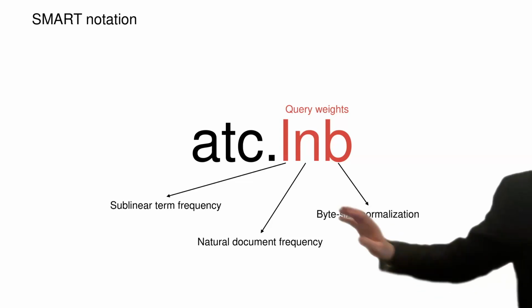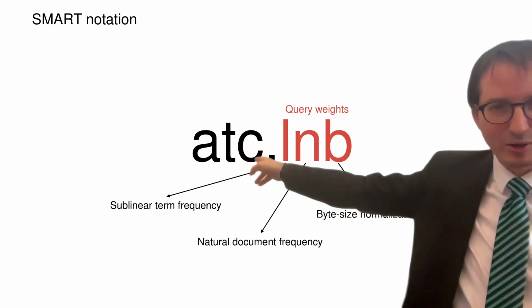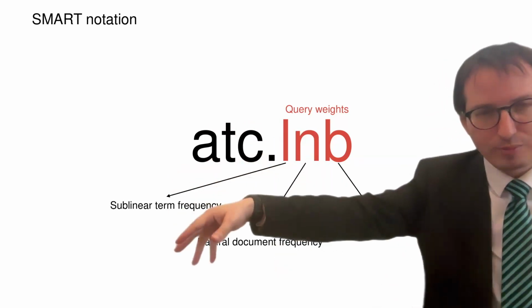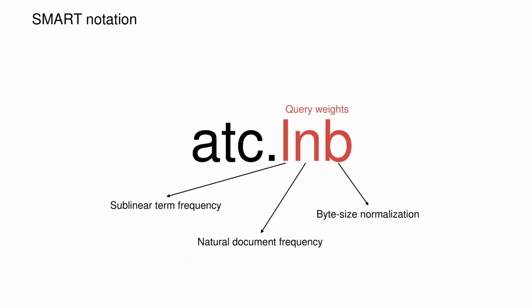Very good, most of you. You just need to look up these codes. The first one, term frequency, second one, document frequency, third one, normalization, and you just look up the formulas and apply the formulas, right? The standard one, again, is the term frequency, the IDF, and the cosine normalization. That is the standard one.